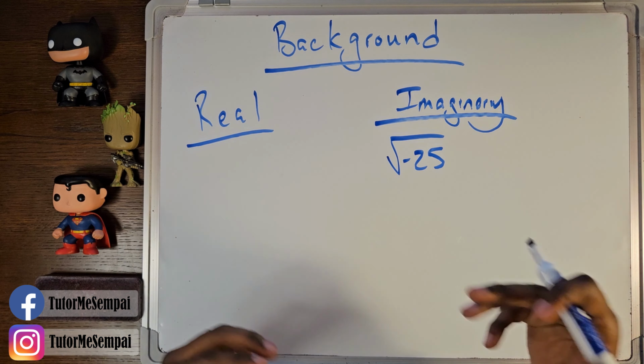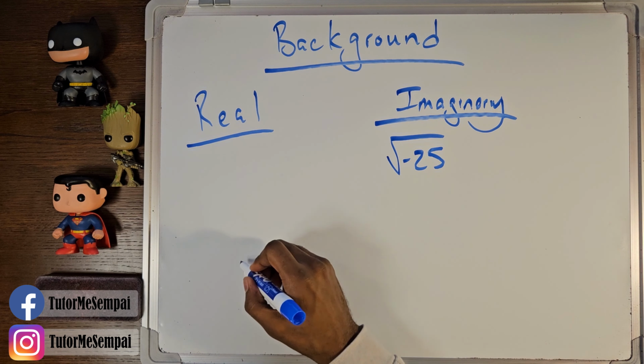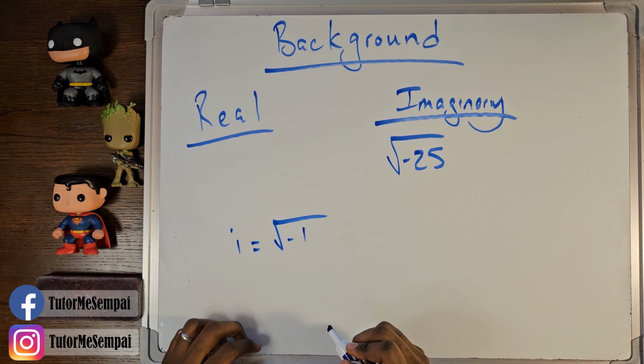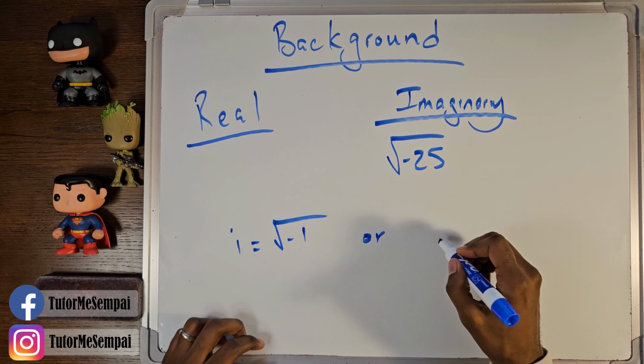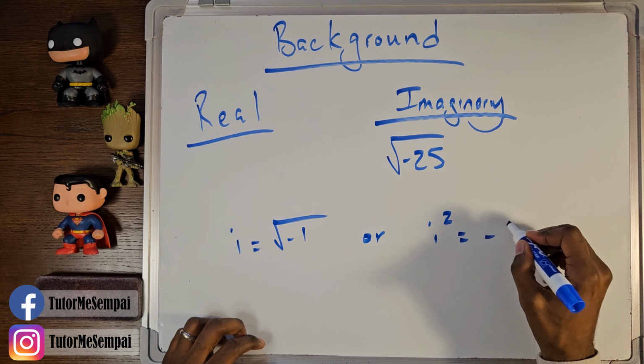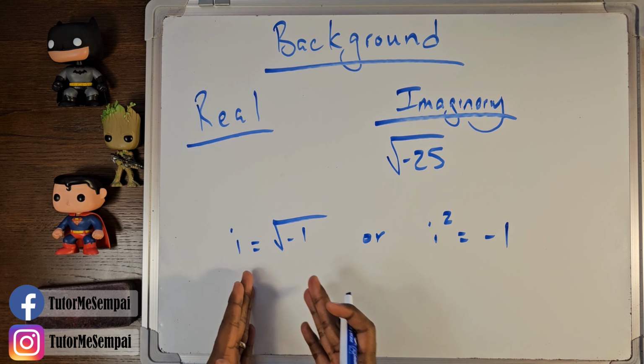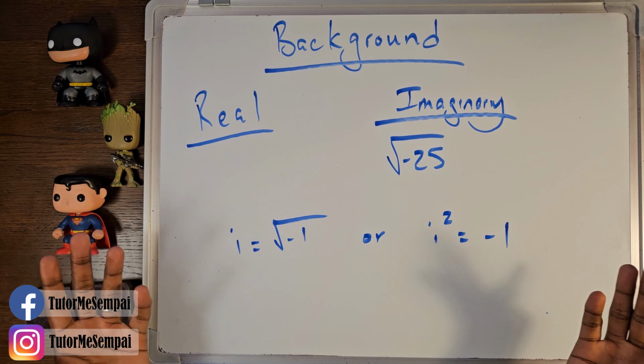Your basic definition of an imaginary number can be written as follows: either i equals the square root of negative 1, or you can say i squared equals negative 1. Now you may be looking at both of these and saying they're pretty much the same thing. If you square this, you'll get this, and you would be correct.